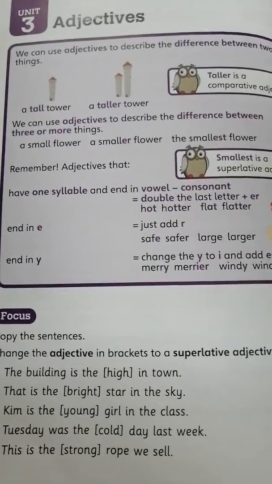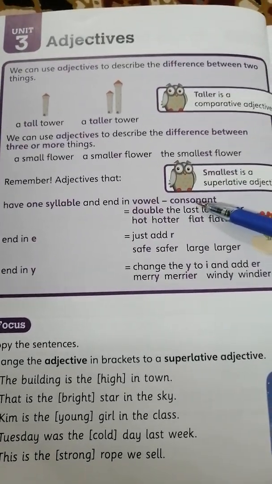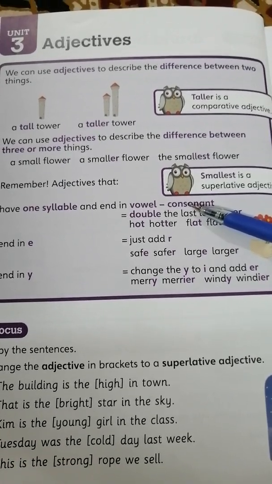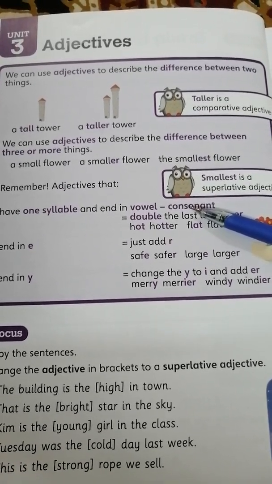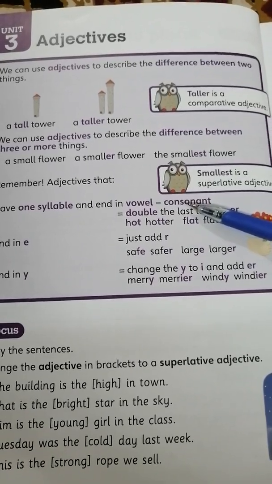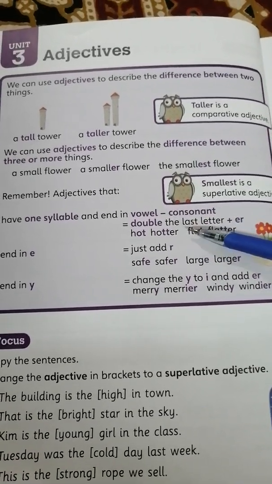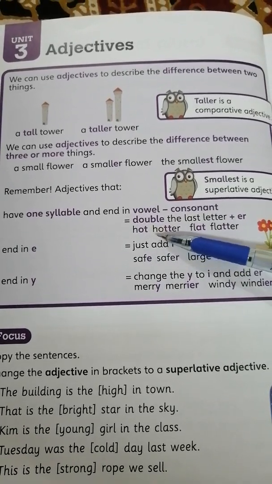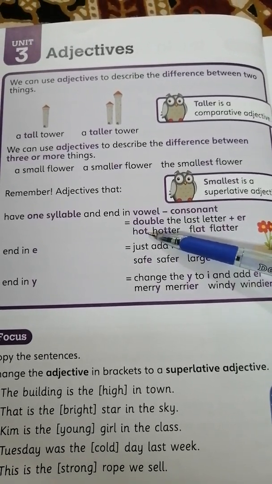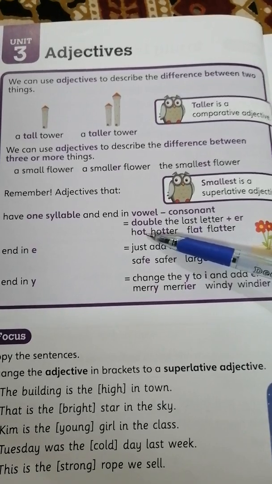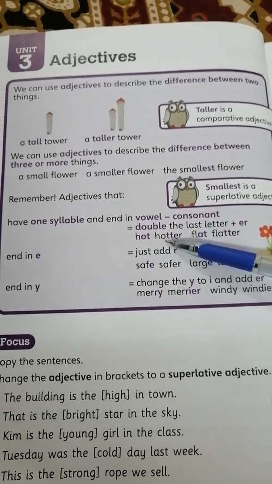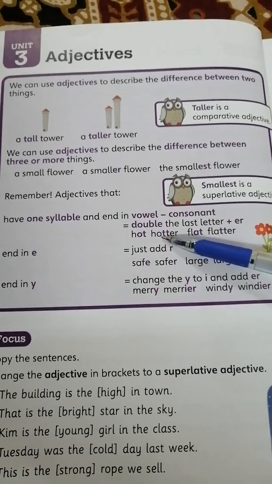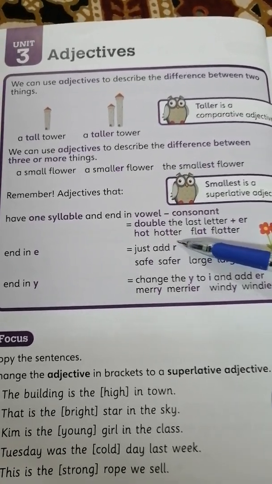Number 1: we add er and est to most one or two syllable words that end in consonants and we double the last letter, like hotter. In this we double the last letter, as it ends on the consonant T, H-O-T-T-E-R.